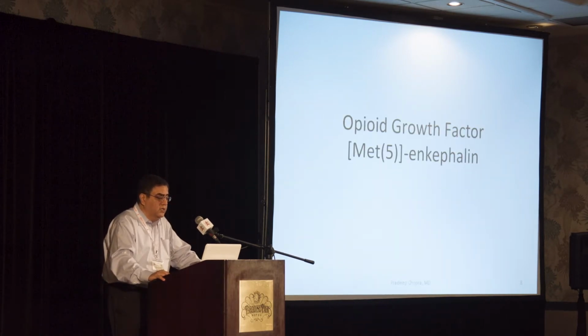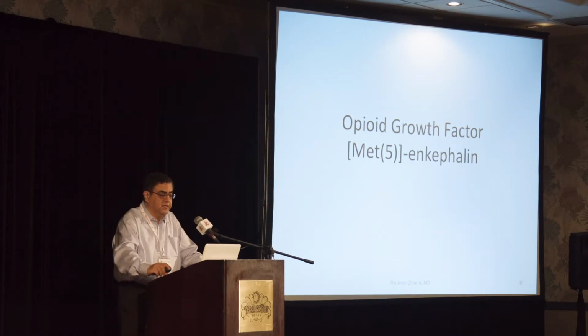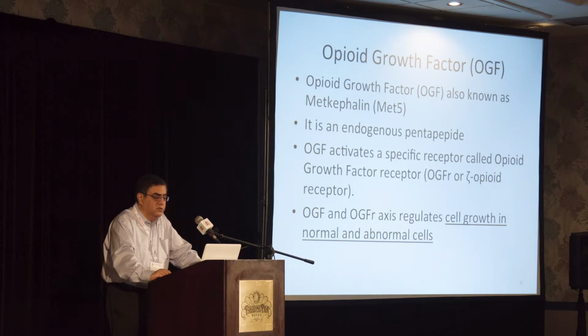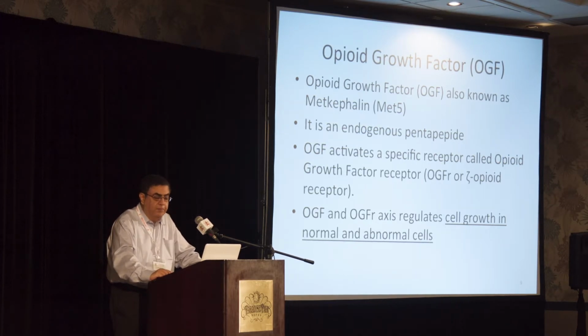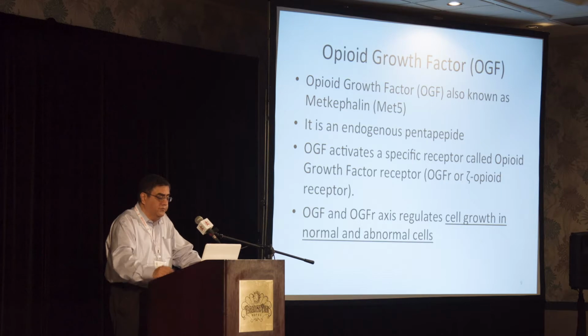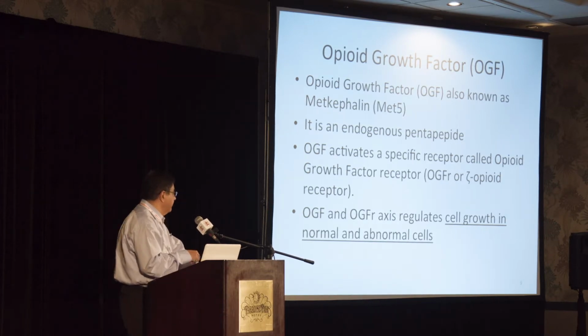I want to talk to you a little bit about the opioid growth factor. That's just a scientific name for it. The opioid growth factor, also known as the OGF, belongs to a group of compounds called metenkephalins. It is produced by the human body, and opioid growth factors work on something called the opioid growth factor receptor.